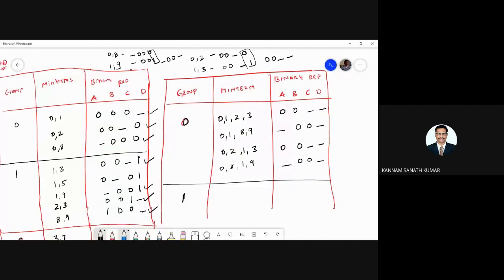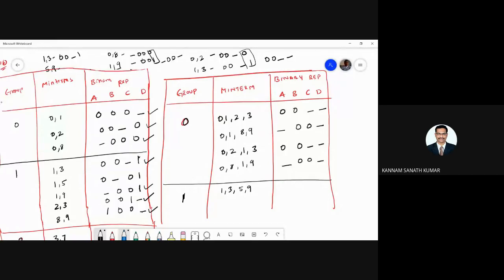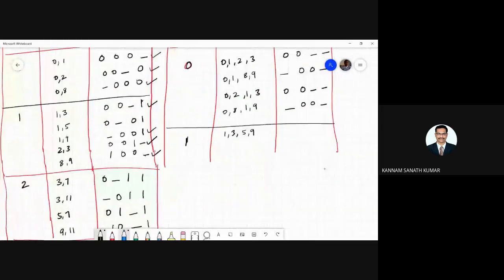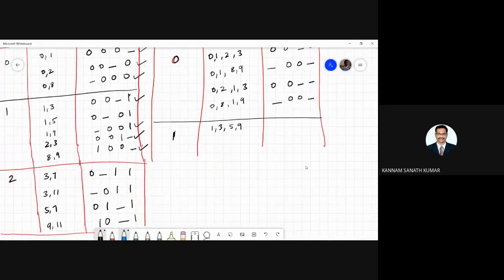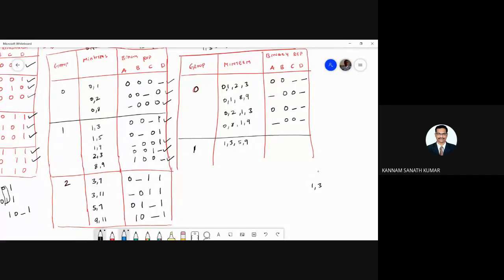Now coming to group 1. So 1, 3, 5, 9. So 1 comma 3, if you see, is 0, 0 dash 1, and 5, 9. Sorry, not 5, 9, it is 5, 7.